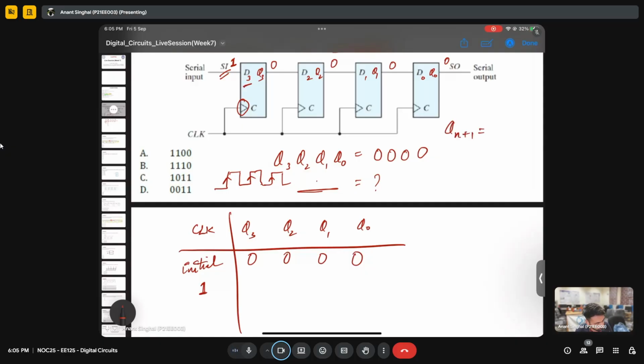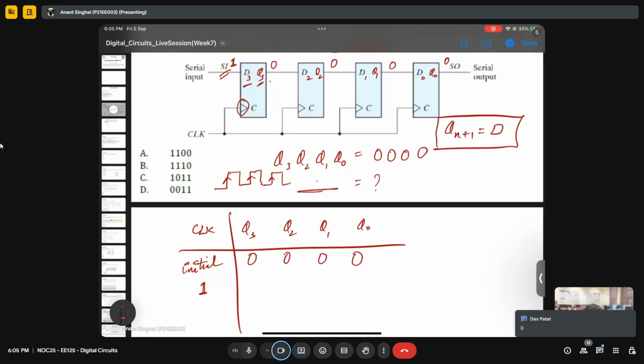Can anyone tell quickly? What is the next state of a D flip flop? I'm asking a general notation, for a D flip flop. So it is D.